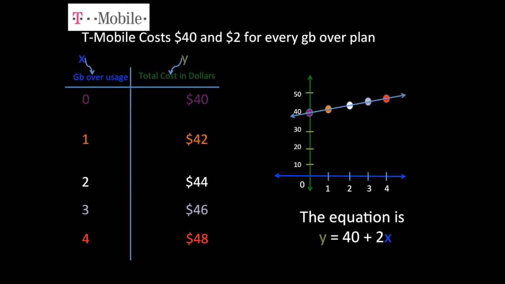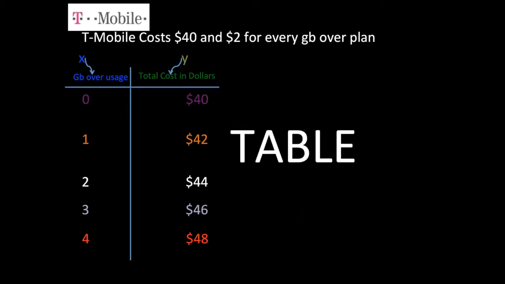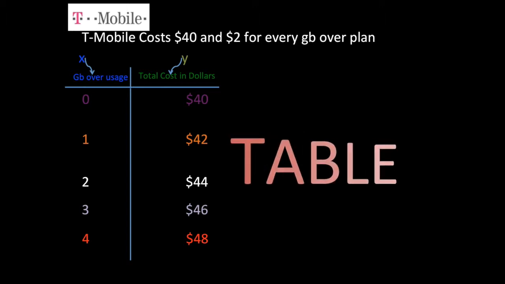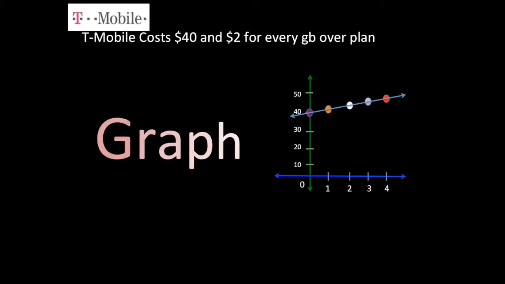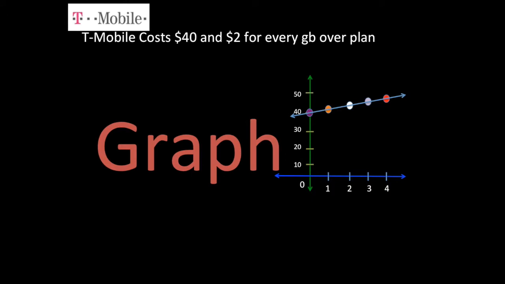But so we have the big 3, like what I like to call it, in this algebra. So we start off with the table. That's what we started off with. So we really need to be solid on creating a table. We really need to be solid on a graph, being able to graph these points, and again, if you want to rewind the video to watch how we graphed and did the table, that's the perfect thing, rewind it.